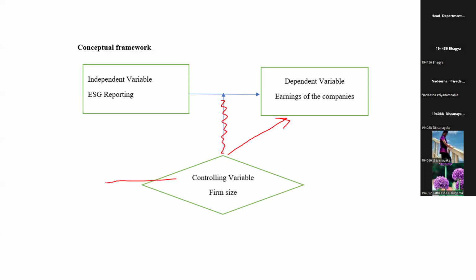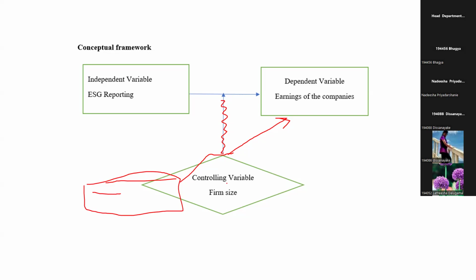We can take controlling variables here, and we can link that directly to the dependent variable. If we link this into this arrow, it is a moderating variable.